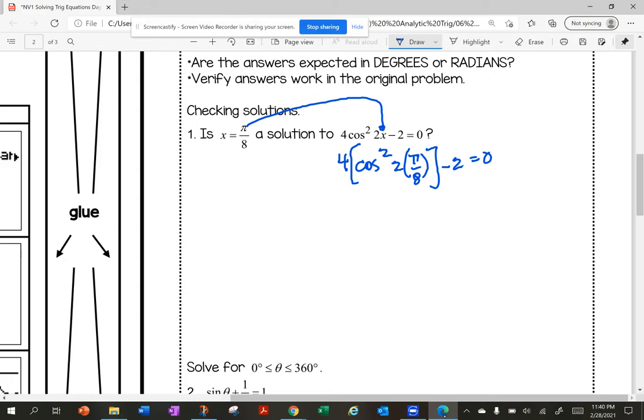So I'm going to multiply out 2 pi over 8 and simplify. So that's pi over 4.